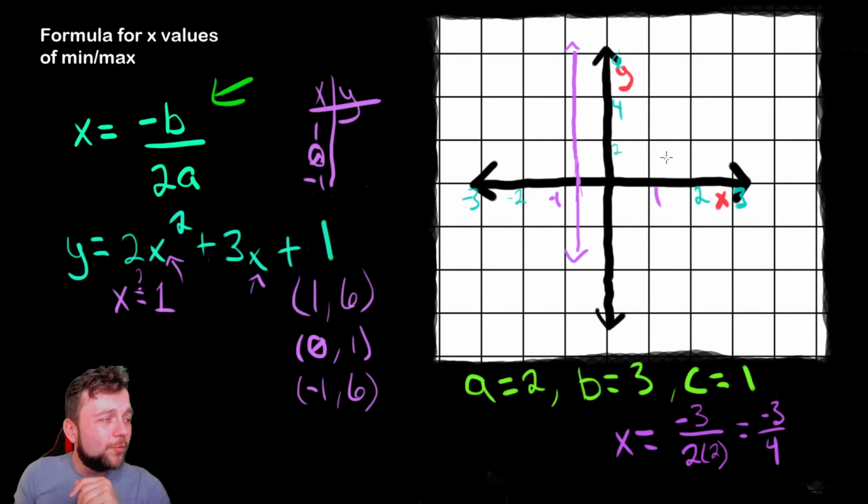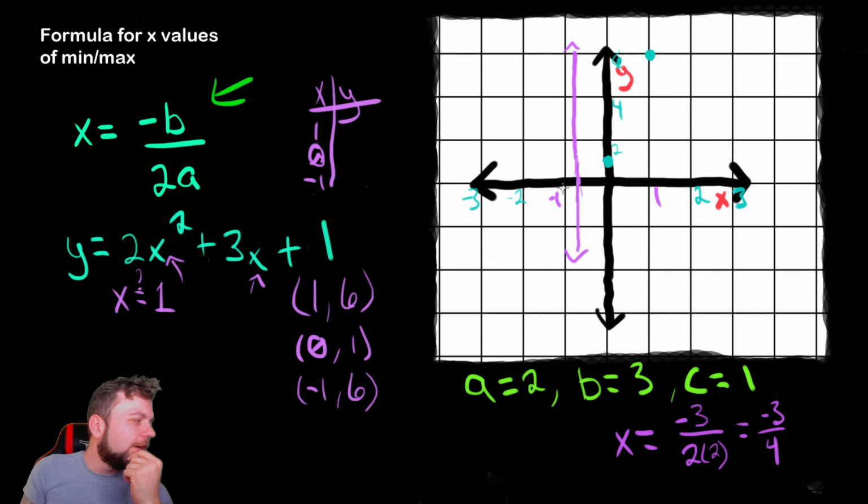So our first point is 1 and 6, so that's there. And then our next point is 0 and 1, so that would be right here. And then my next point is -1 and 6. Oh, something doesn't seem right here now.